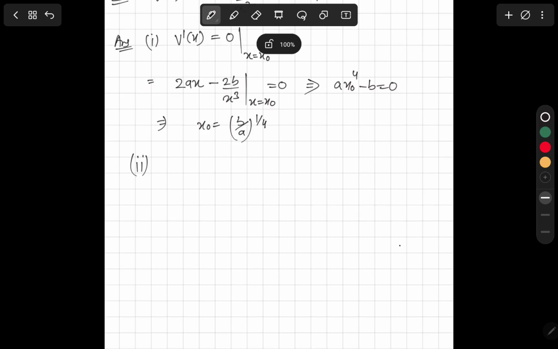But the second condition for the system to perform small oscillation is that this v double dash of x should be positive. Let's calculate it. V double dash of x will be 2a, the derivative of the first term, plus 2b times the derivative of x cube, which is 3 times x raised to power 4, and we need to calculate this at x equal to x naught.